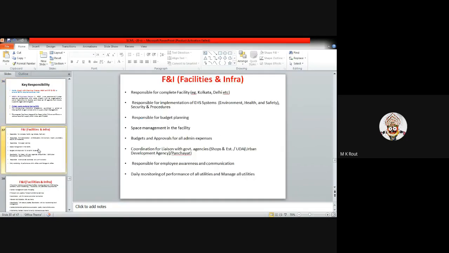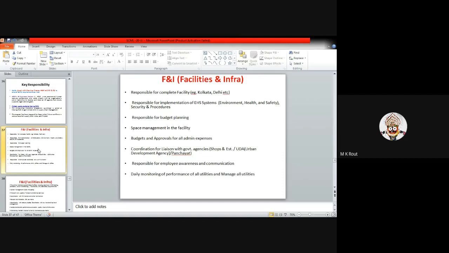The next one is F&I, facilities and infrastructure. Suppose you are the manager of F&I, the major responsibilities include, first, managing complete facilities. For example, the company is assigned in Kolkata and Delhi. That means you are in charge of that particular facility and infrastructure.